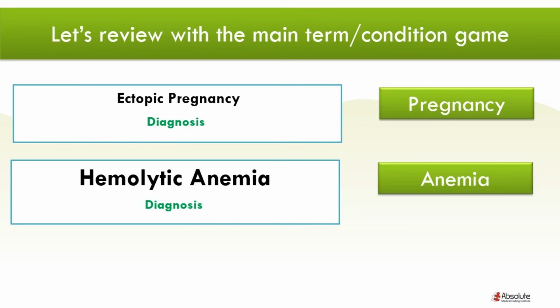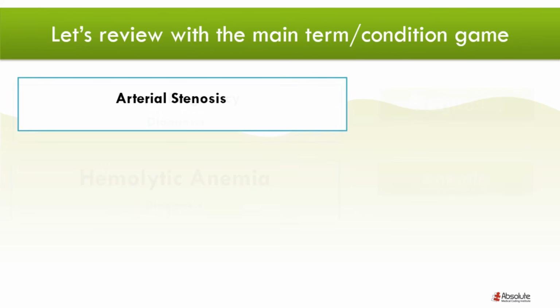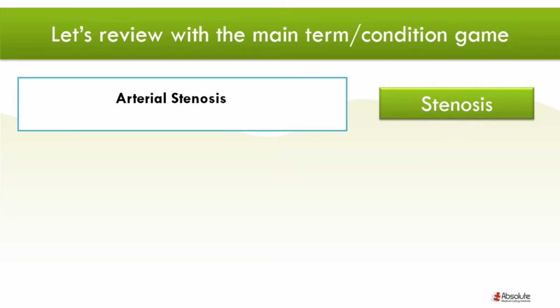All right, we've got 2 more. Arterial stenosis. Of the 2, which is your main term? If you said stenosis, outstanding. Stenosis is your main term because stenosis is actually a diagnosis.